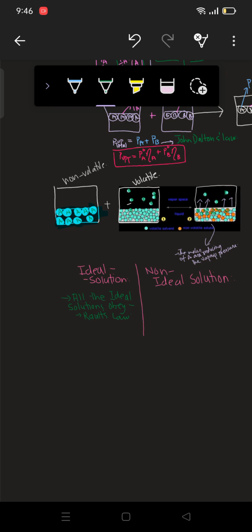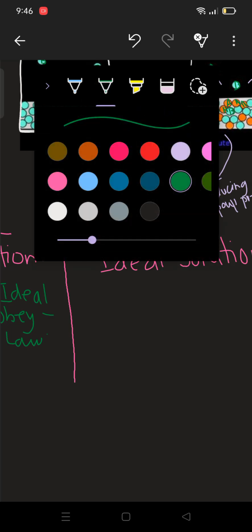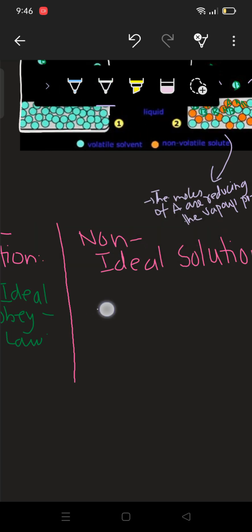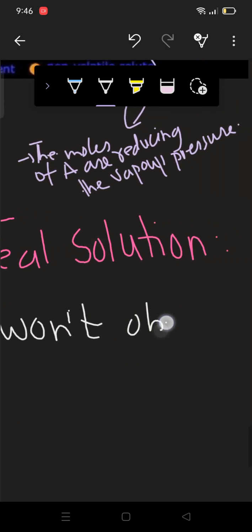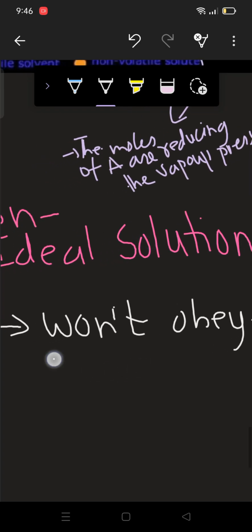There we discussed the ideal gas equation, but here we have discussed Raoult's law. So all those solutions will be ideal solutions that obey Raoult's law, and non-ideal solutions won't obey Raoult's law.